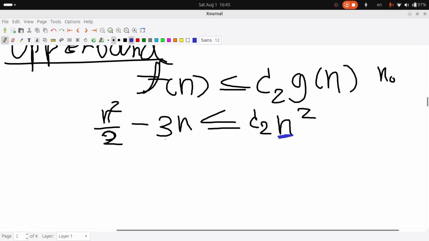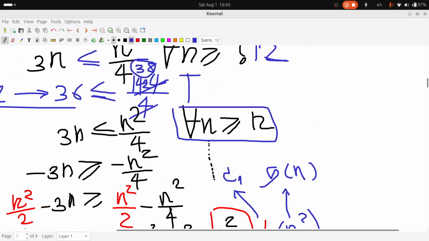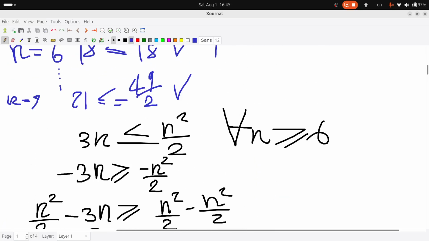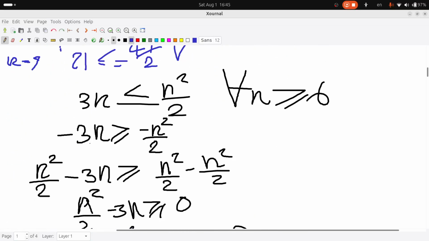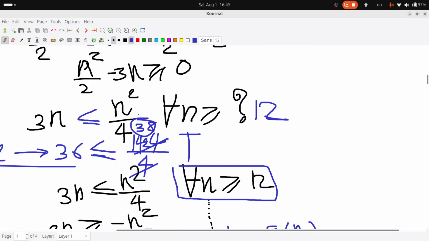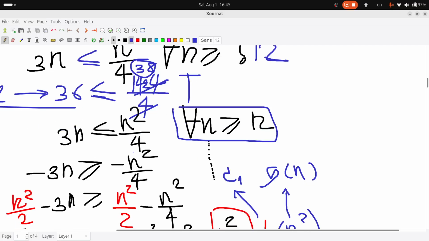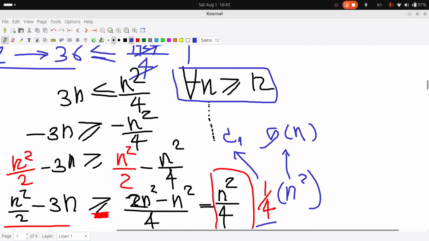Or you can try, that means if we can cut this expression to another form like we did for the lower bound, where we transform negative Gn to negative n squared divided by 2 or negative n squared divided by 4.